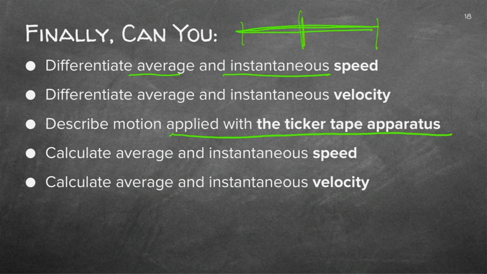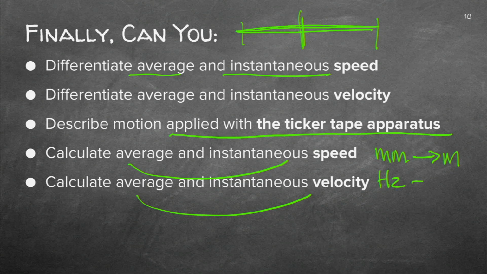We showed you the apparatus, and we got the results with two of the tapes. And we calculated the velocity and the speed. And the main important thing that you have to remember: if I have millimeters, convert to meters, convert the hertz to seconds, and if you divide those two, you get the speed and velocity.